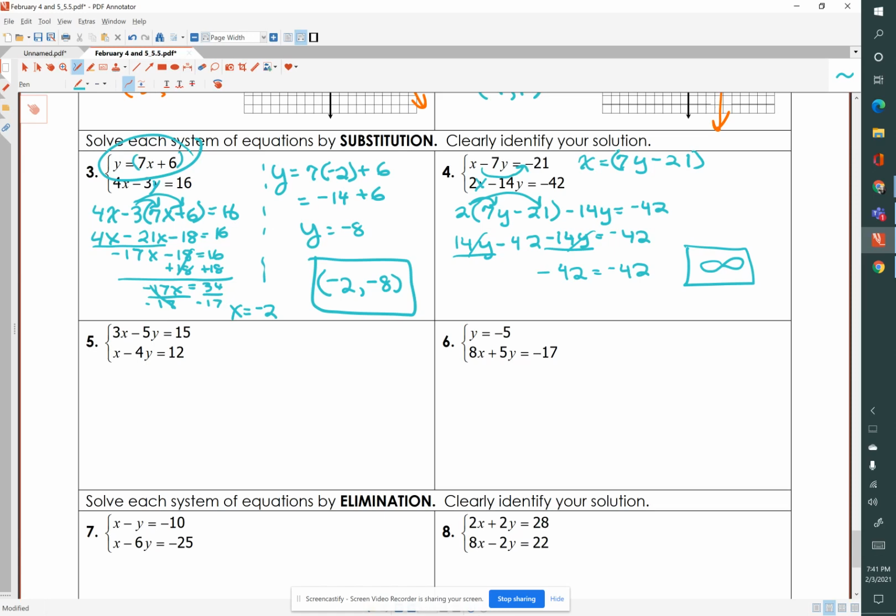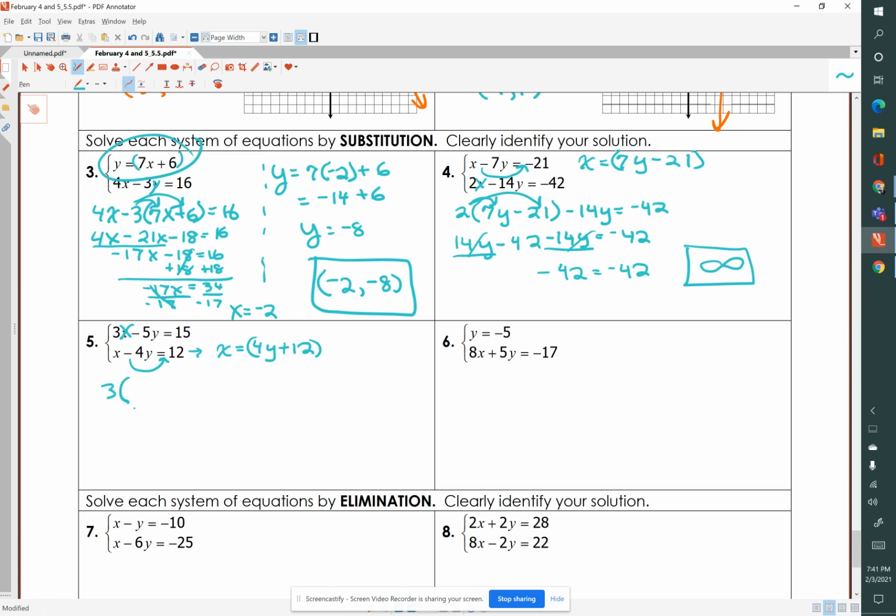Now in number 4, I'm going to solve the second equation for x by moving negative 4y to the right side of the equation, and that will give me x equals 4y plus 12. And I will substitute 4y plus 12 for x in the first equation.